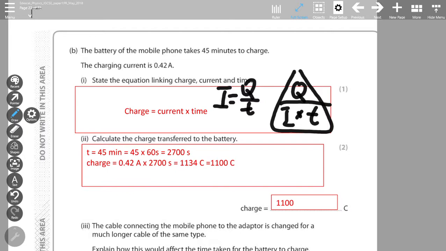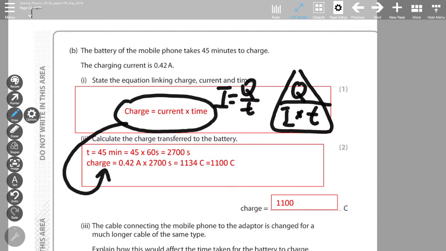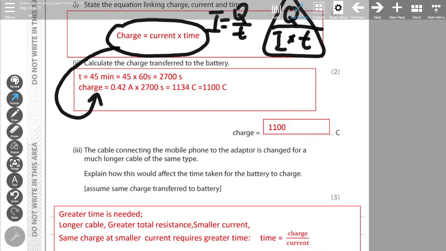So we already have this formula here, and we just substitute values into it, changing minutes into seconds by multiplying by 60, and we keep two significant figures. Why? Because 0.42 amperes is two significant figures. Next question.